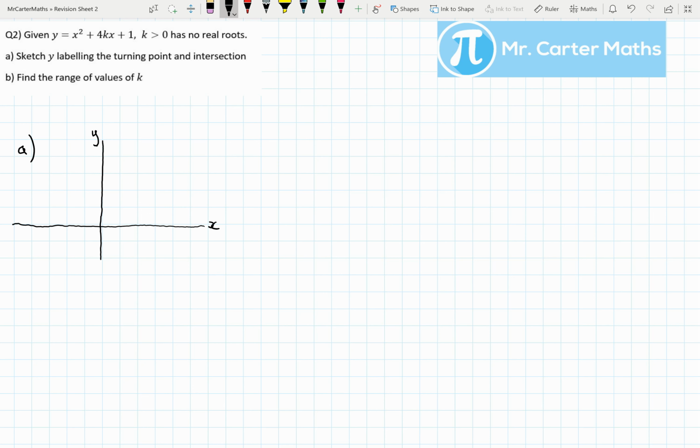I can also quickly think about completing the square, just because I want to make sure I put the minimum on the right side. If I was going to complete the square on that, I would say that comes out as x plus 2k all squared minus 4k squared plus 1.